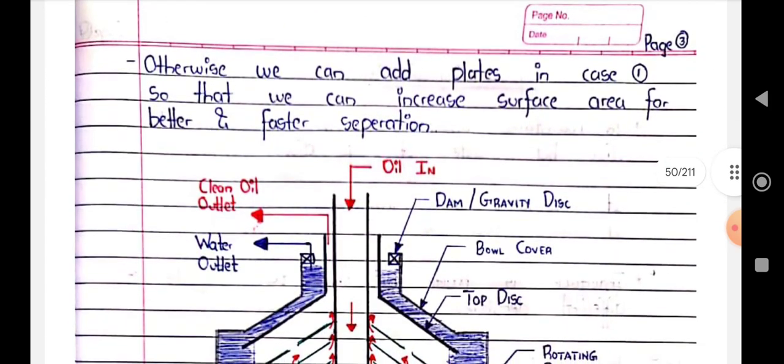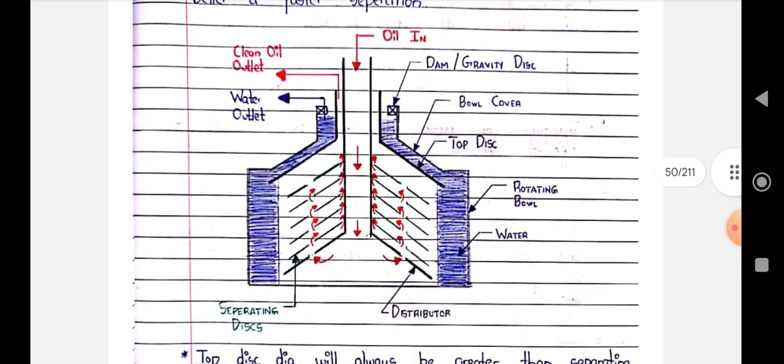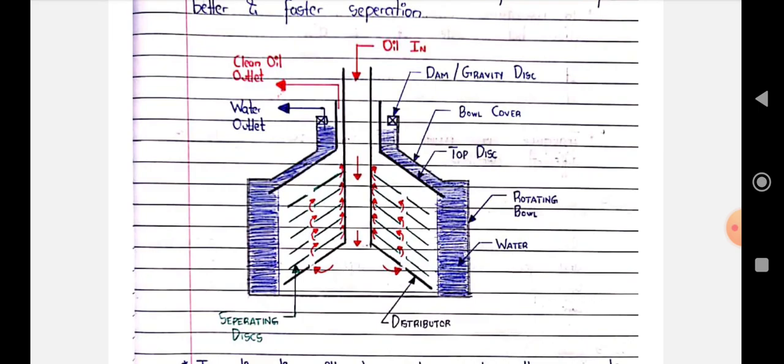If we add plates in the first case, we increase the surface area, so there will be better and faster separation. Here's a basic diagram. The oil comes to the oil inlet, flows through the distributor, and from the distributor it moves through the separator discs.